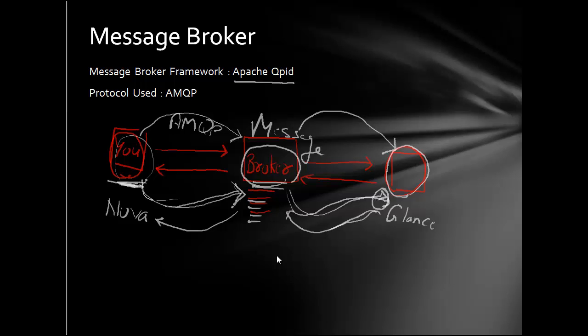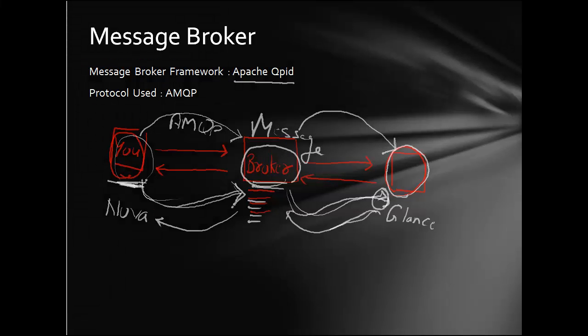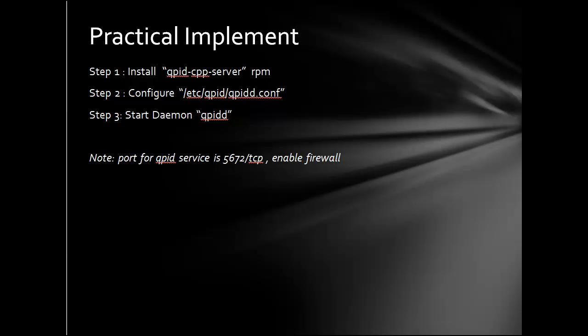So this is the time to go ahead and implement QPID in Red Hat version 7, right? I'll go to a different slide that helps you implement Apache QPID in your Red Hat version 7. So these are the steps, right? We have three steps. Normally in Red Hat, you first install a software.